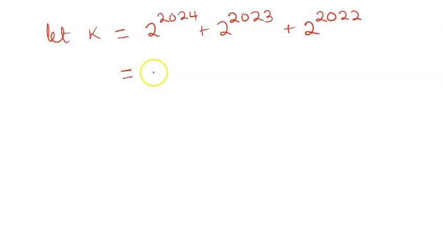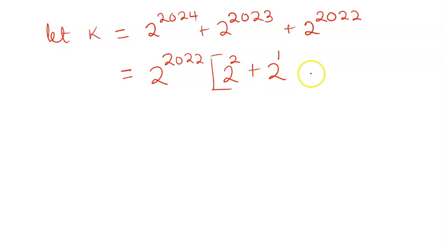So this is the same as 2 raised to the power 2022 out, and then when you bring 2 raised to the power 2022 out, you are left with 2 raised to the power 2, so that when you multiply, 2 plus 2022 will give you 2024. Plus, when you pull 2 raised to the power 2022 out, you are left with 2 raised to the power 1, plus here will be 1.